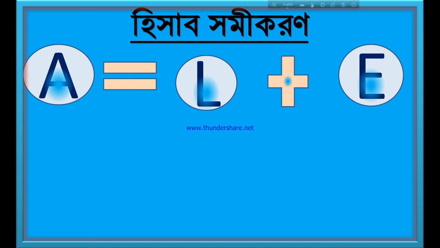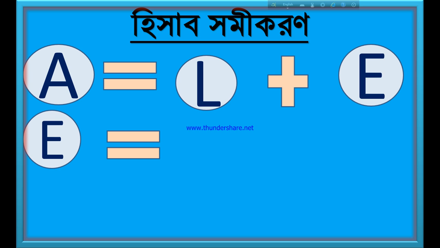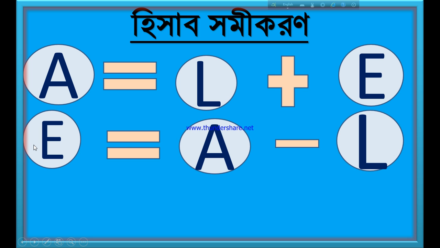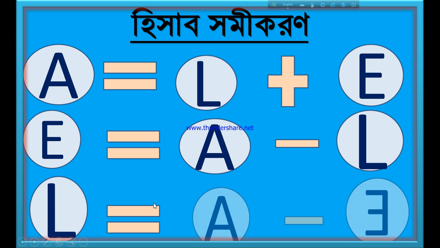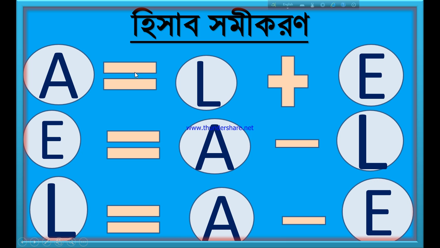So the accounting equation means A equal to L plus E. In another way, from this equation we will get E equal to A minus L. We may say it again as L equal to A minus E. That means from the first equation we may show it in these two ways.